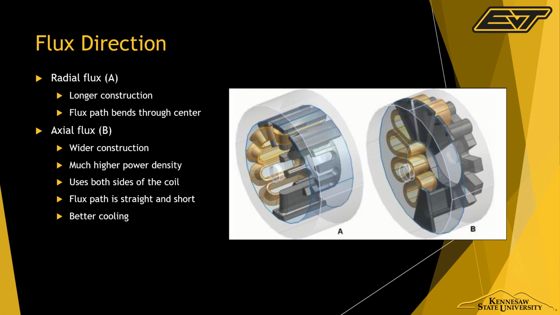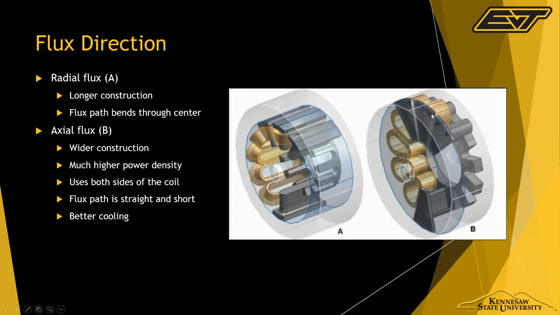They have a much higher power density, and I've already talked about that. The power density comes from the flux direction. Another thing about them is that they have much better cooling. Even with this being an outrunner motor, and this can be an inrunner or an outrunner motor, when this is rotating, the magnets get in the way of air coming out of the motor.